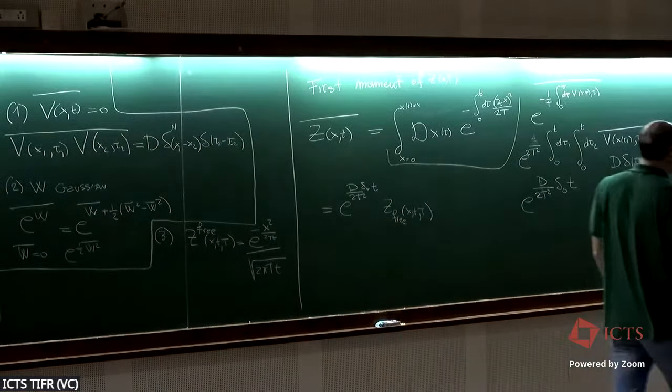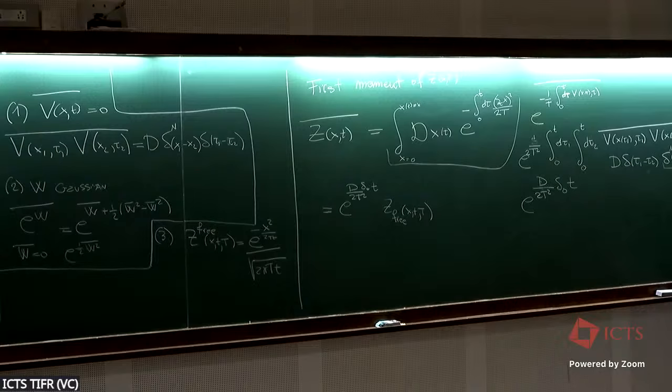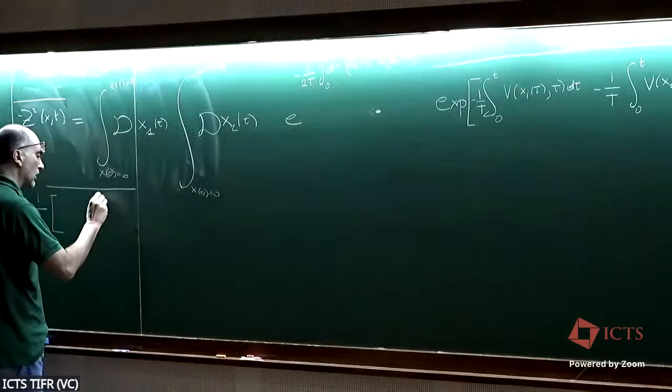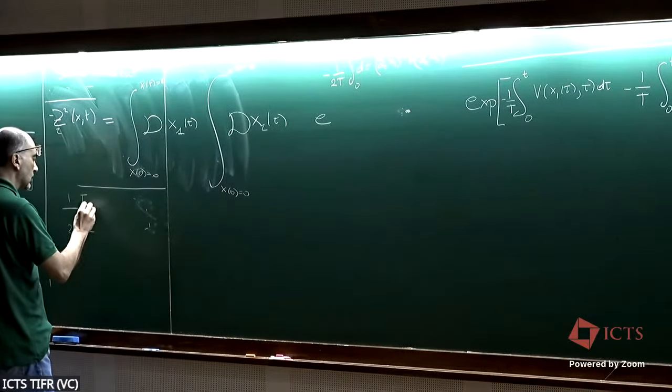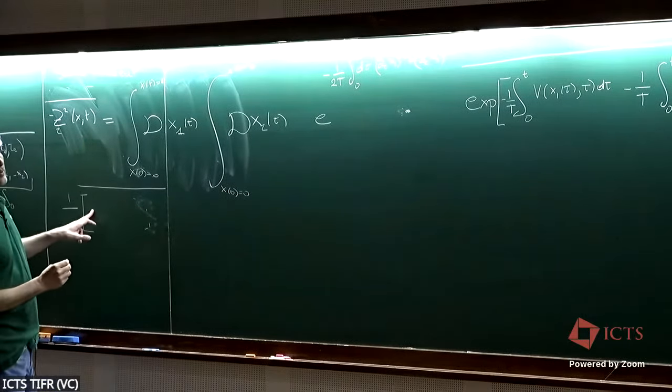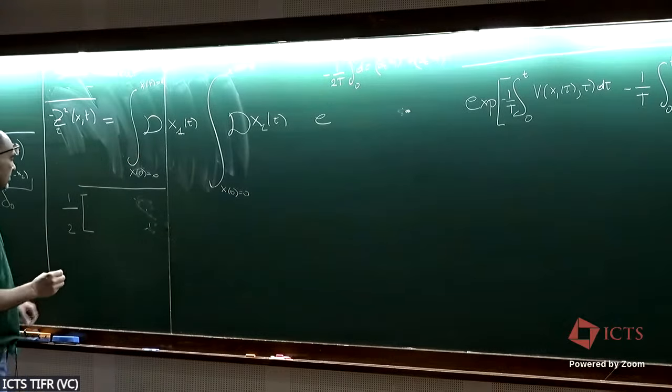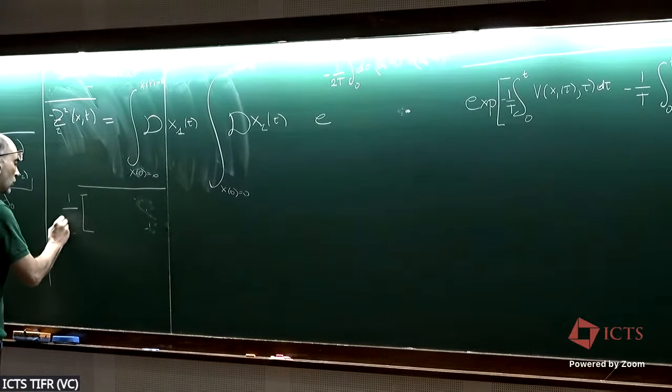So let's go. So we have 1/2. We have to compute now the average of the square of, let me write, okay, the minus 1 over t is common to everybody. So let's put here 2t squared.